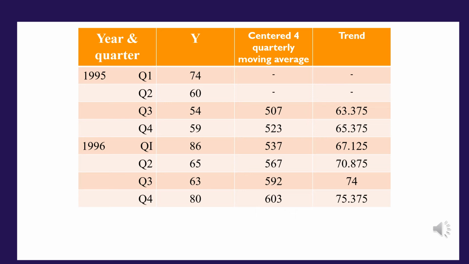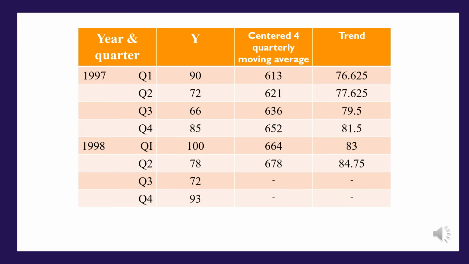After calculating 4 quarterly moving totals, we need to calculate centered 4 quarterly moving total by adding 2 quarterly moving totals. That is, the first one is 292 plus 295 equal to 587. Dividing the 4 quarterly centered moving total by 8, we get the trend value, that is 73.375.